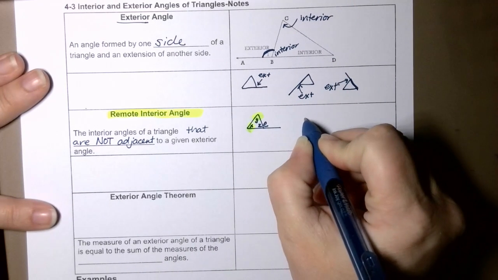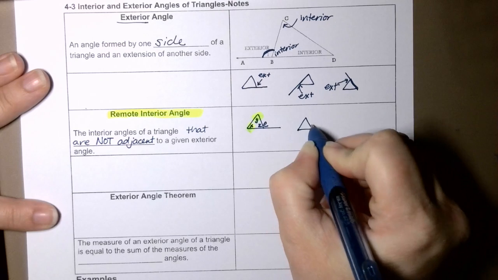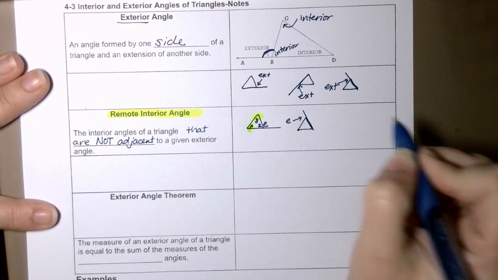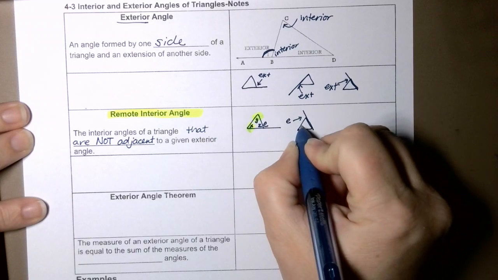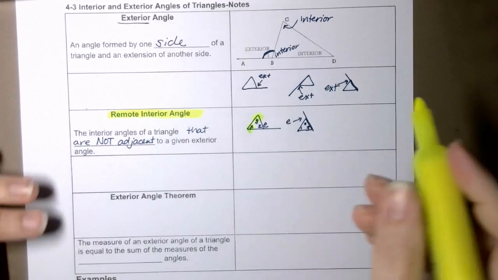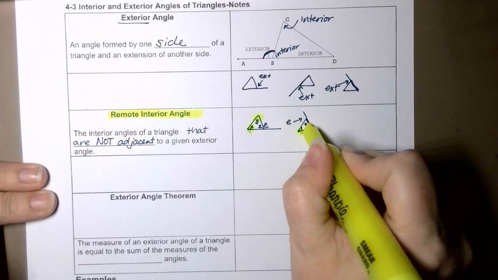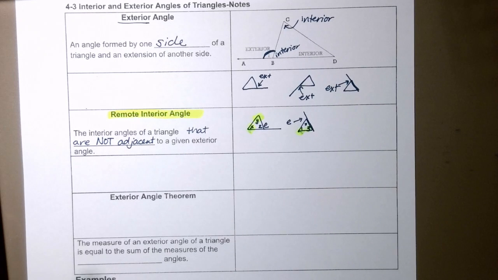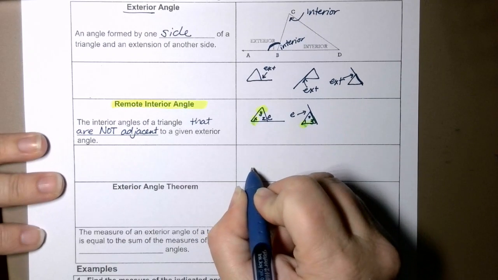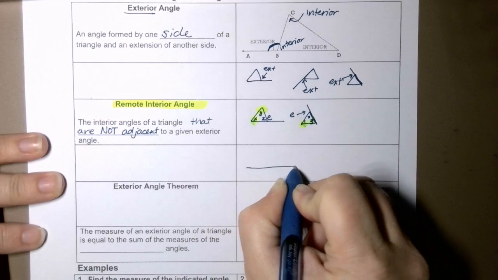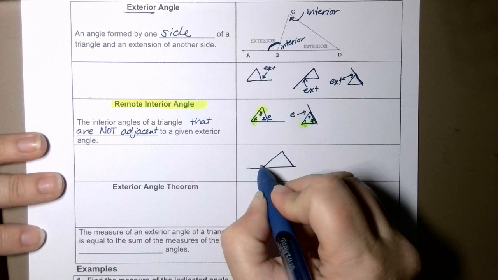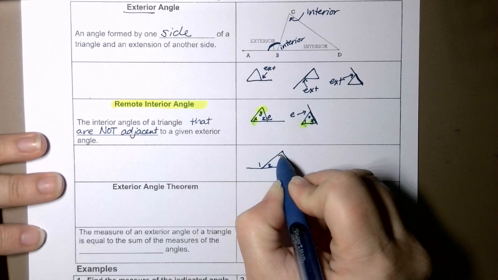So if I had my triangle here, we know that this is the exterior angle, right? So if I said 1, 2, and 3, which ones are the remote interior angles? 1 and 3, right? I'm highlighting them poorly, but I'm highlighting them. Here's another example. Let's say that's mine. Angle 1, 2, 3, and 4.